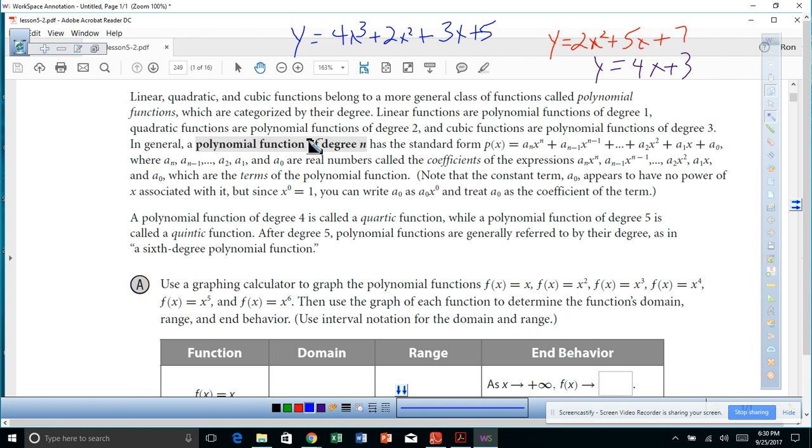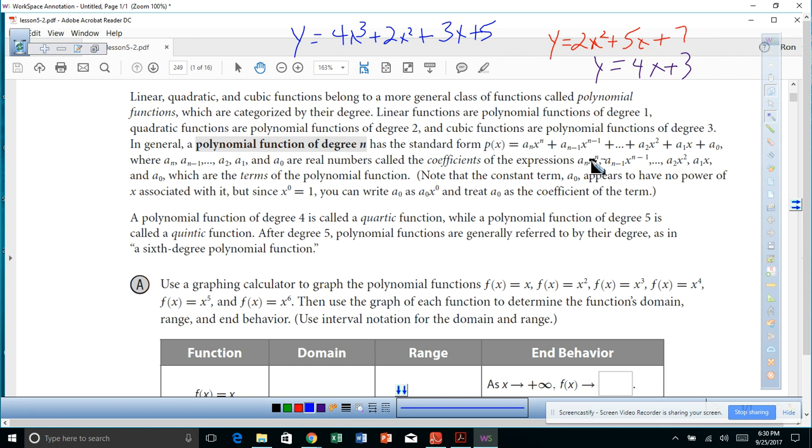In general, a polynomial function of degree n has the standard form p of x equals a sub n x to the nth power plus a sub n minus 1 times x to the n minus 1 plus, and so on, plus a sub 2 x squared plus a sub 1 x plus a sub 0, where a sub n minus 1, and so on to a sub n, a sub 1, and a sub 0 are real numbers called the coefficients of the expressions.